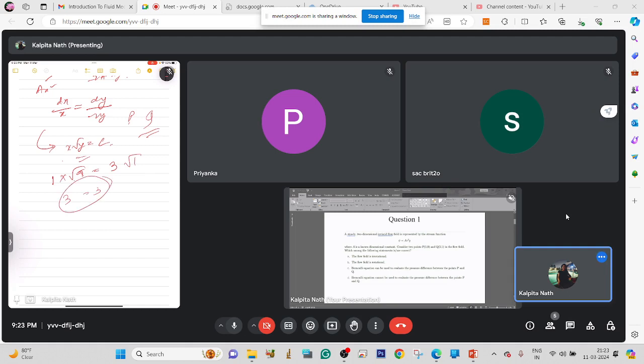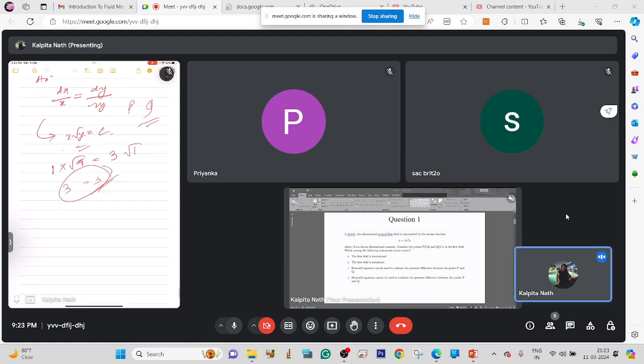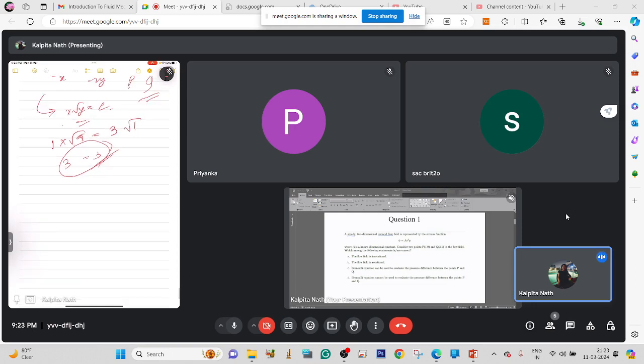That means at both of the points the stream function values are equal. That means the stream function is satisfied at both points. That means the flow is following the Bernoulli equation, as Bernoulli equation can be applied along the streamline.